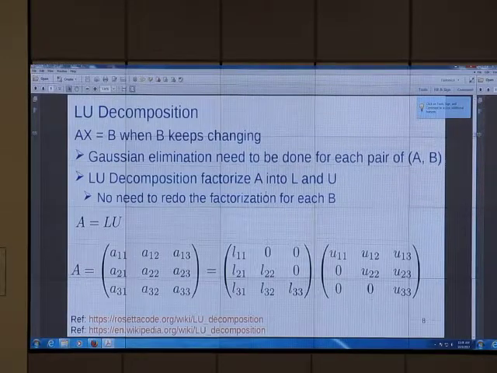But if we have 100 equations, where A is the same for all but B just changes, then this time it makes a difference. If you use LU decomposition, you decompose A just one time, and you keep reusing that, right? But for Gaussian elimination, you have to redo the whole thing every time. Make sense?